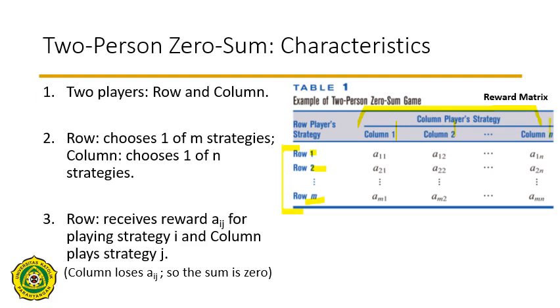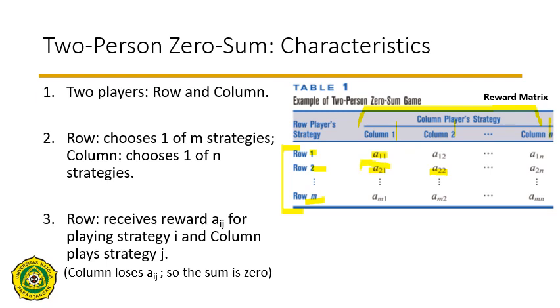And then this matrix is called a reward matrix because the value inside the matrix, Aij, is the reward for the row player to play strategy i when the column player is playing strategy j.